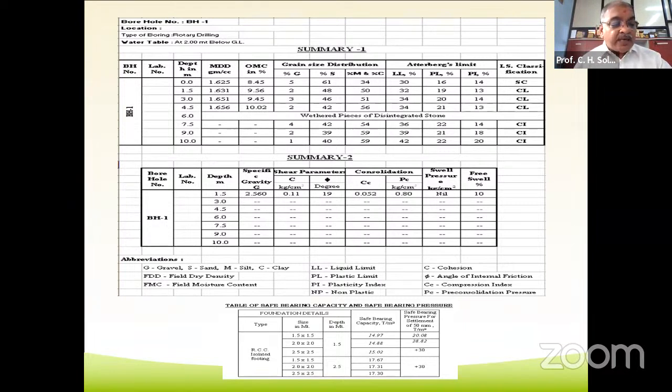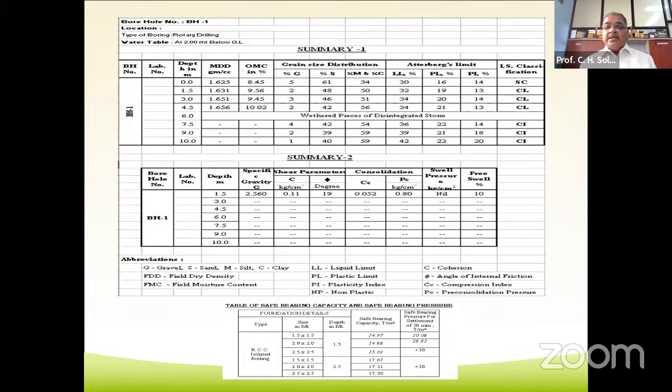Wherever you have to go for earthwork, the results of OMC and MDD are a must. But sometimes we do not find these results in the bore log, whereas the grain size analysis has to be presented for all the bore logs. What are the percentages of gravel, sand, silt, and clay? It has to be presented in these columns.